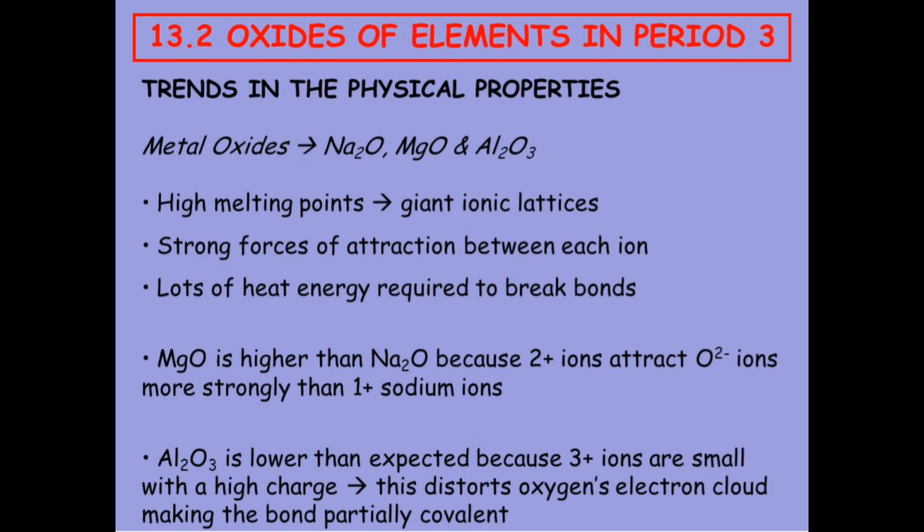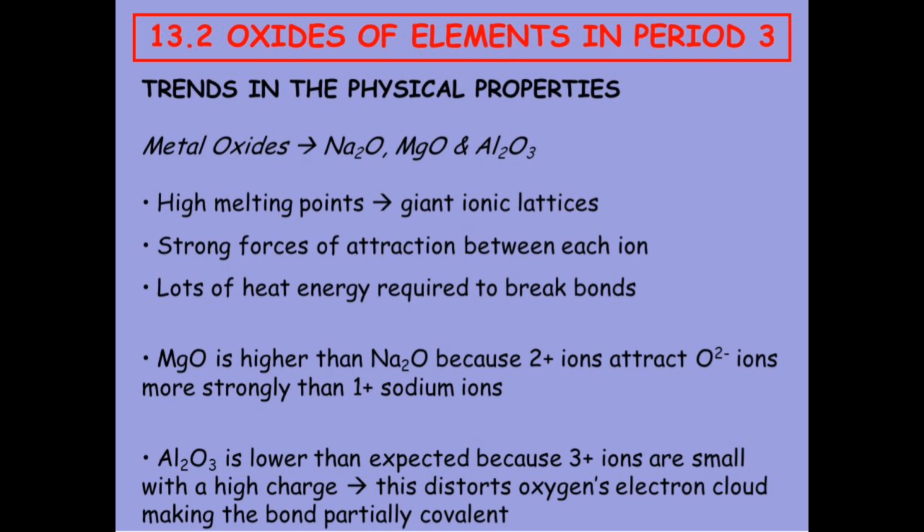Now let's look at the trends in the physical properties. Metal oxides like sodium oxide, magnesium oxide, potassium oxide, calcium oxide, and aluminum oxide, you will notice that the metal oxides have high melting points, due to the strong forces of attraction between each ion, and of course lots of energy is required to break their bonds.